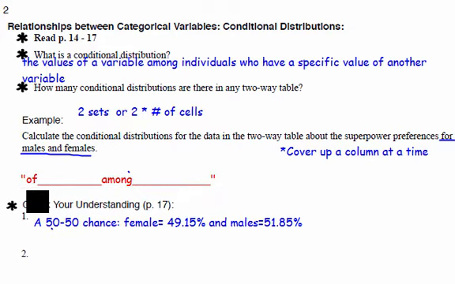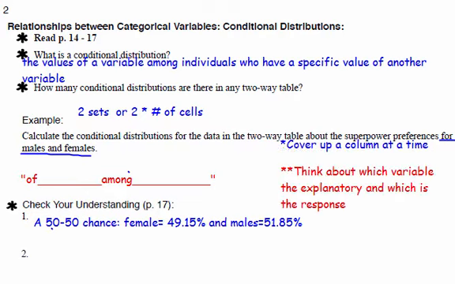Whatever we're looking for, it's a conditional distribution of whatever among whatever. Another thing that you should think about is which variable would be explanatory and which would be the response variable. We had that in Chapter 4, so keep that in mind, which one is which.